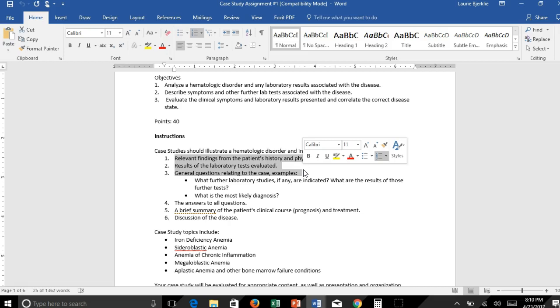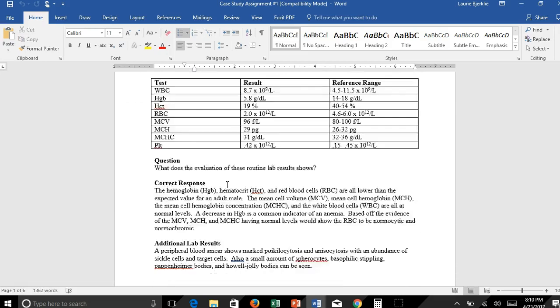Depending on the disease you picked, those could be, you're running a ferritin level, you're running a vitamin B12 level, things like that. So you will know based on the disease topic you picked and researching and learning about it, what confirmatory tests are out there to definitely say, yeah, they had anemia, chronic inflammation, or something like that. So you have to also run confirmatory tests and give those results.